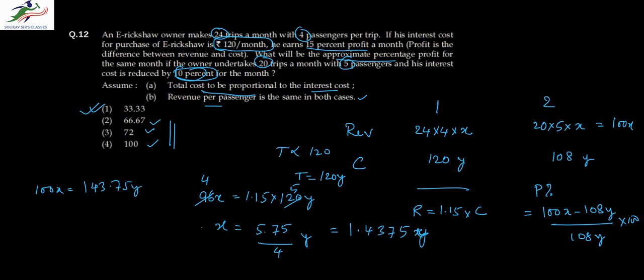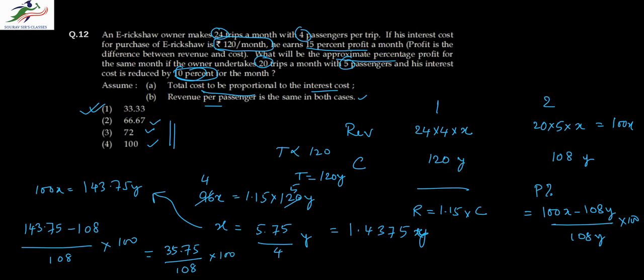So we get (143.75y minus 108y) divided by 108y into 100. Y cancels in the numerator and denominator, which is equal to 35.75 over 108 into 100, which is roughly 33 by 100 into 100, roughly equal to 33%.